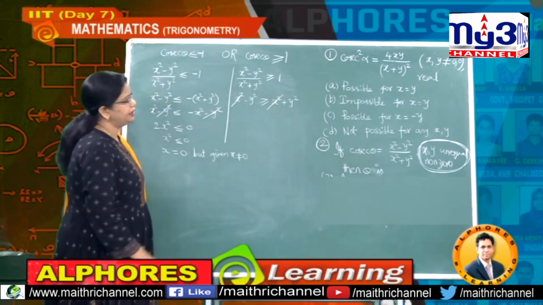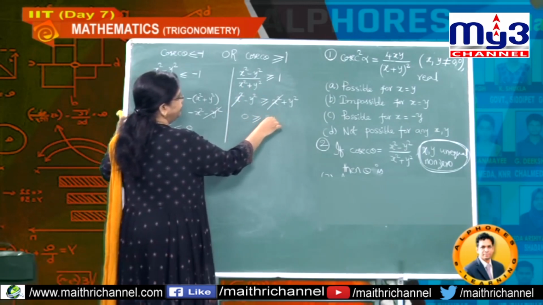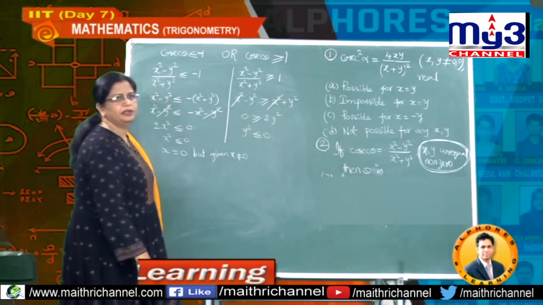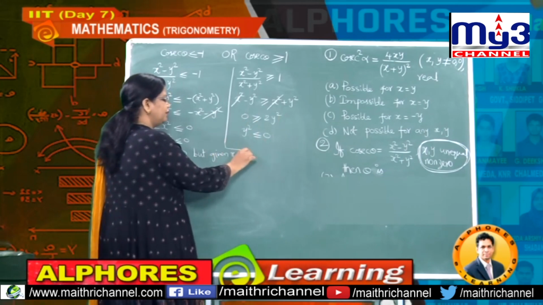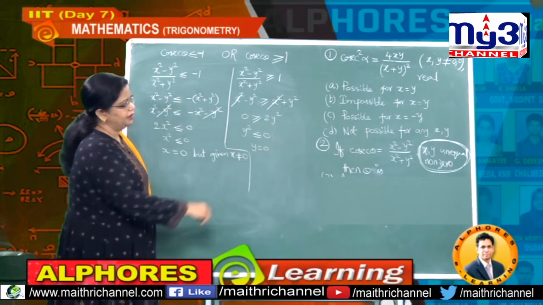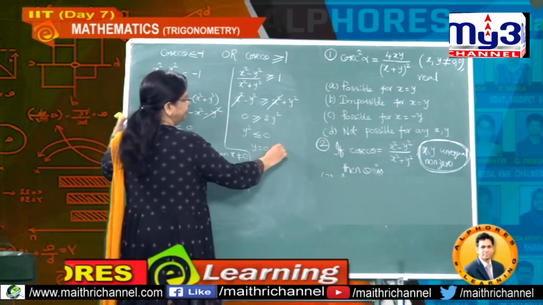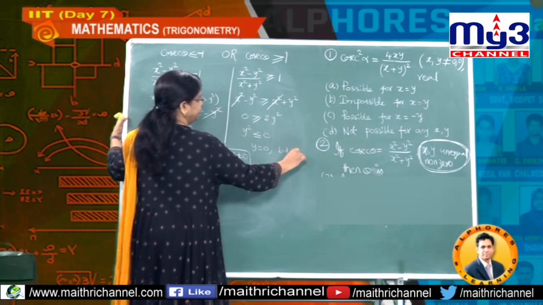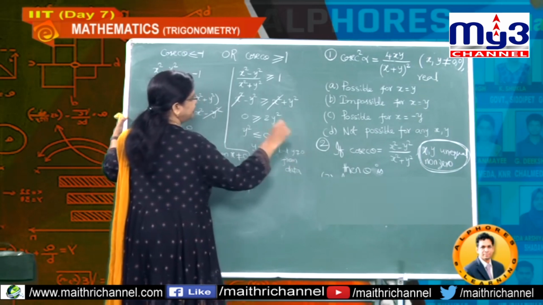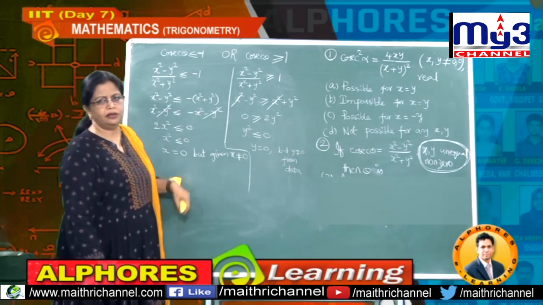Cancel, then what happened? Minus y square went that side, 0 greater than or equal to 2y square. Again you got y square less than or equal to 0, and this is again wrong. That is why y equal to 0 is the only possibility. Again they said don't take y value also 0. But y is not equal to 0 from the data. So here also we did not get any of the values. So, what to do now? Finally, there is no such theta that exists.